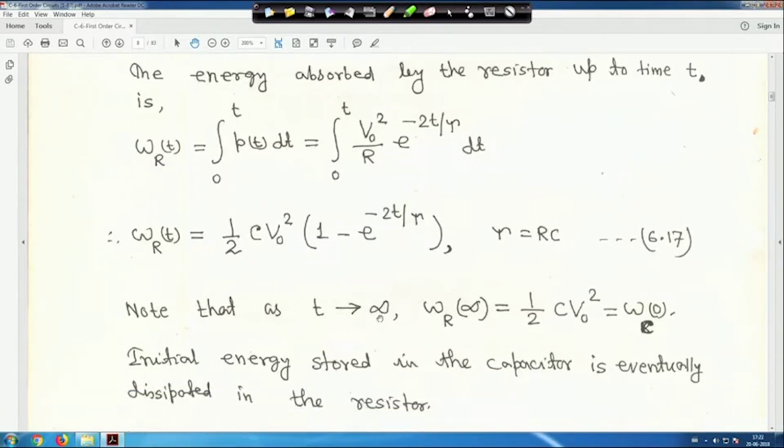Note that as t tends to infinity, W R infinity is equal to half C V 0 square, that is W C 0, right. So, if t tends to infinity, it simply becomes half C V 0 square, because the exponential term will not be there, and it is equal to the initial energy stored W C 0. So, the initial energy stored in the capacitor is eventually dissipated in the resistor.